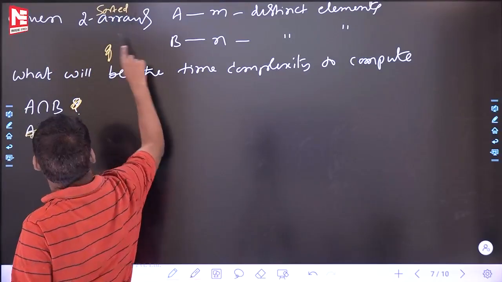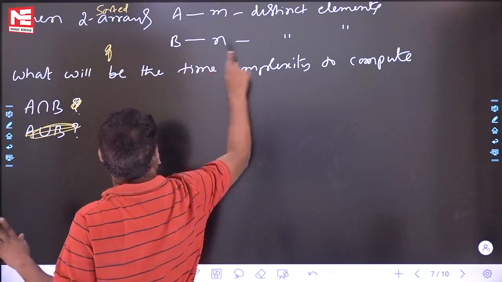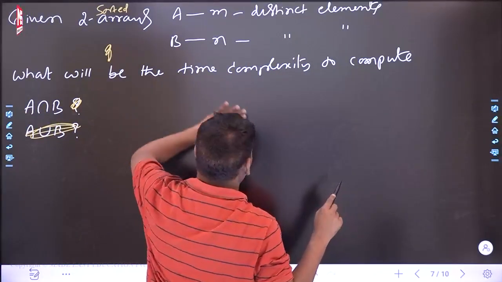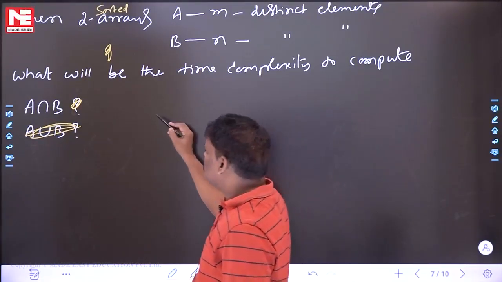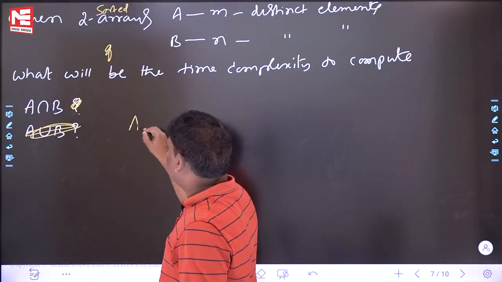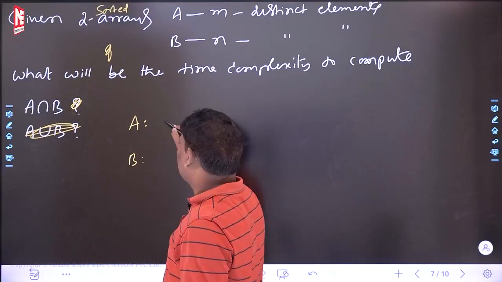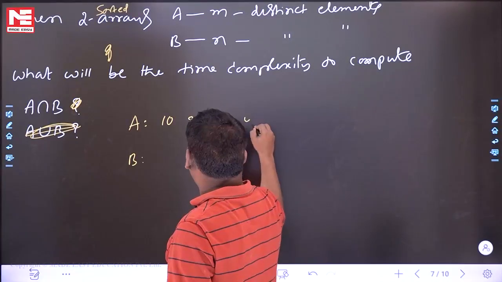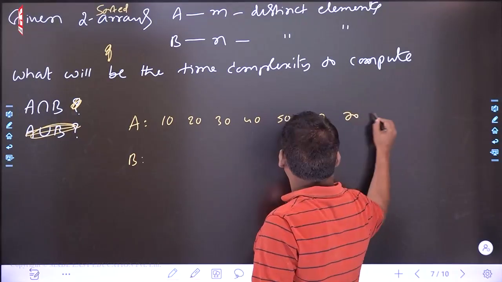Given two sorted arrays, A with m distinct elements, B with n distinct elements, what is the intersection? Let me do sorted, and unsorted also I will do. See everyone now. Array A is sorted: 10, 20, 30, 40, 50, 60, 70, 80.